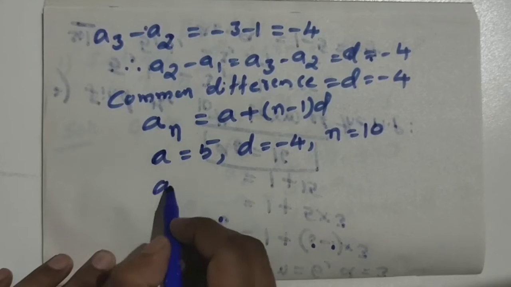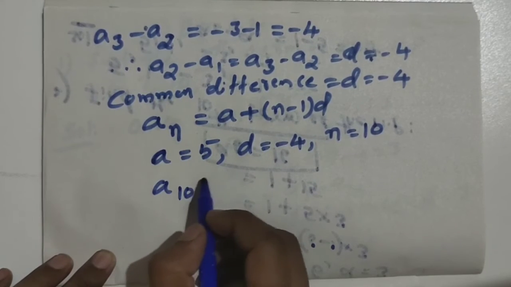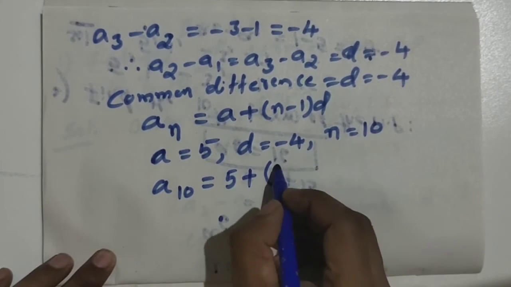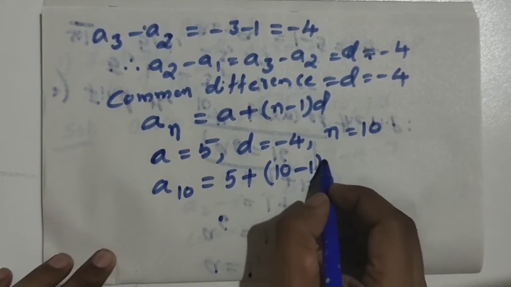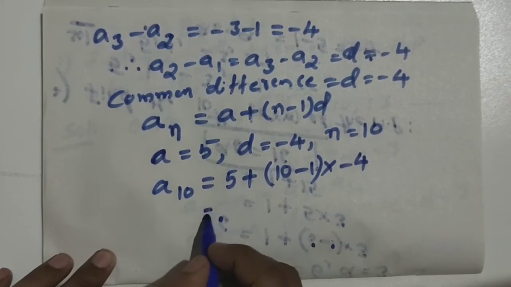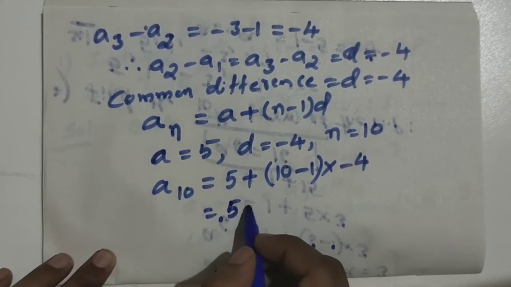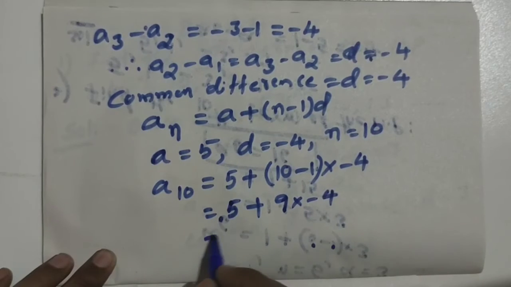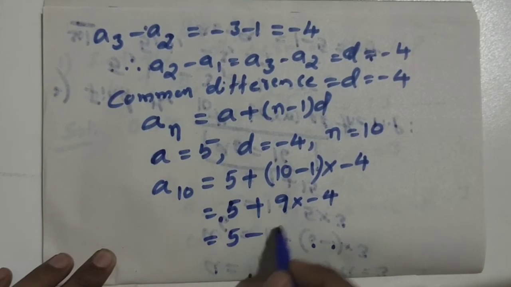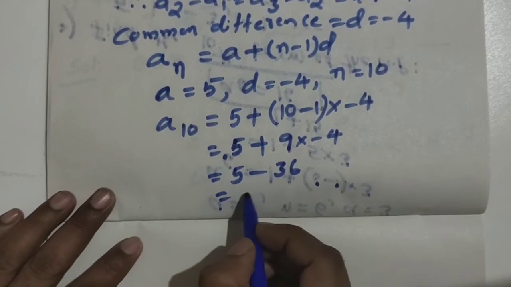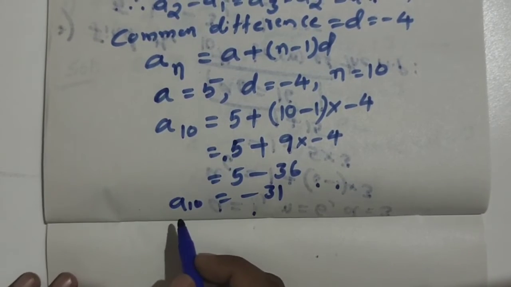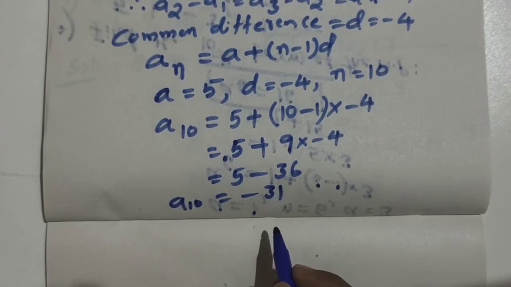So we can write a10 is equal to 5 plus 10 minus 1 into minus 4. By simplification, 5 plus 9 into minus 4, that is 5 minus 36, so we get minus 31. So the 10th term of the given AP is minus 31.